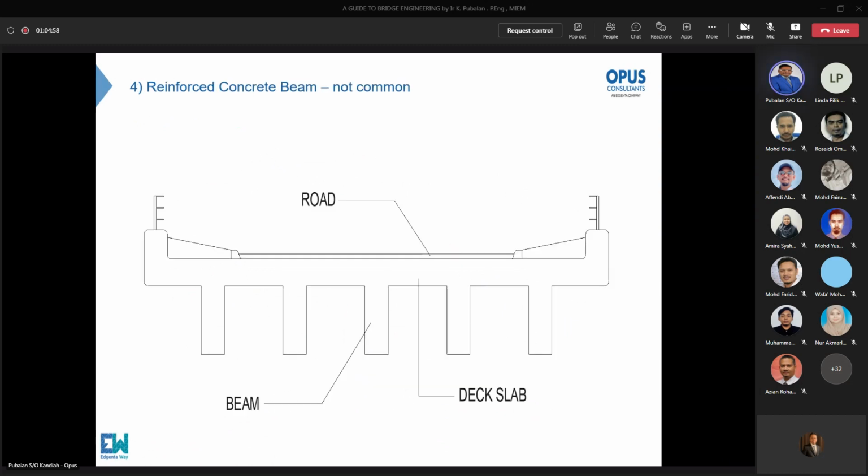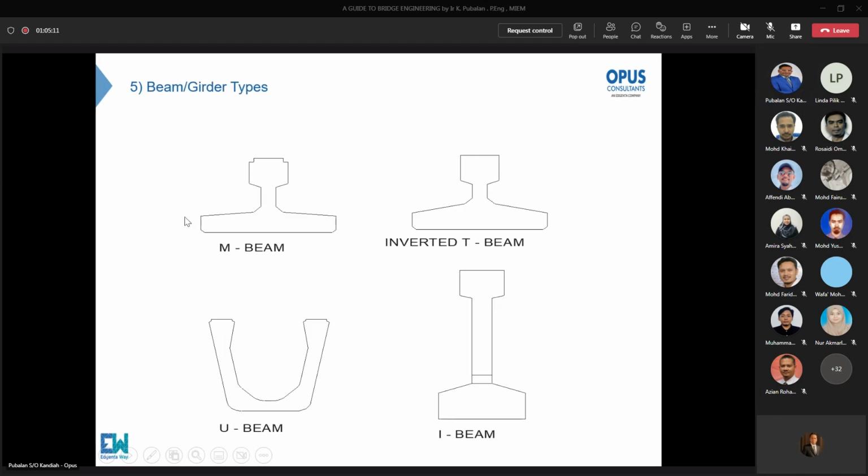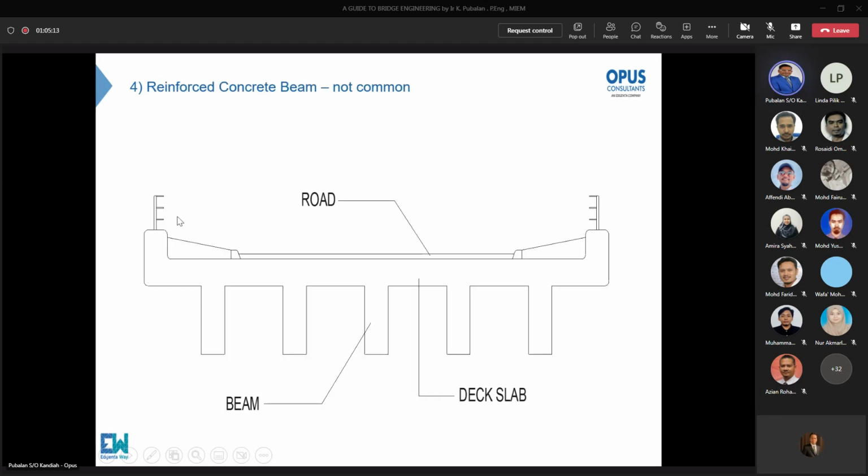Now you see here, this is a normal containment parapet rail. If, for Penang Bridge, I want to upgrade it to high containment, I build a bigger structure here. The bigger structure will protect the vehicle from being overthrown into the sea or river, whatever.